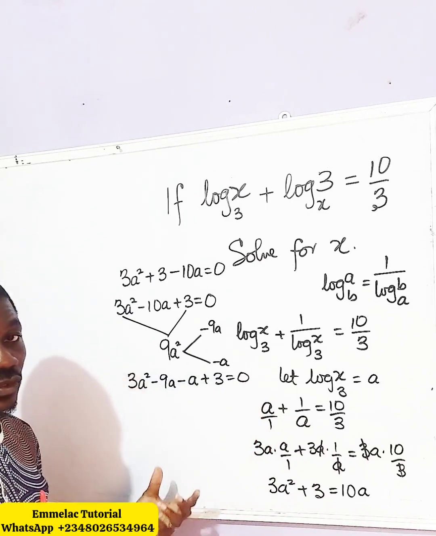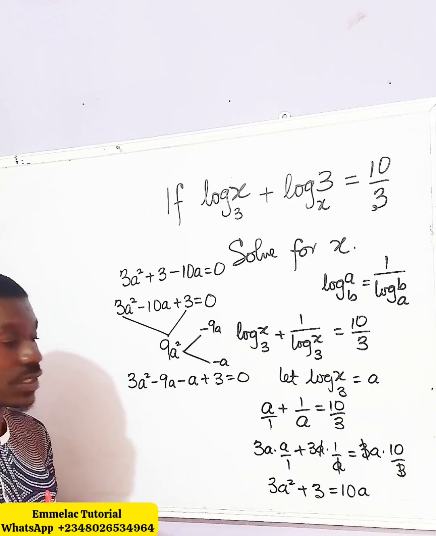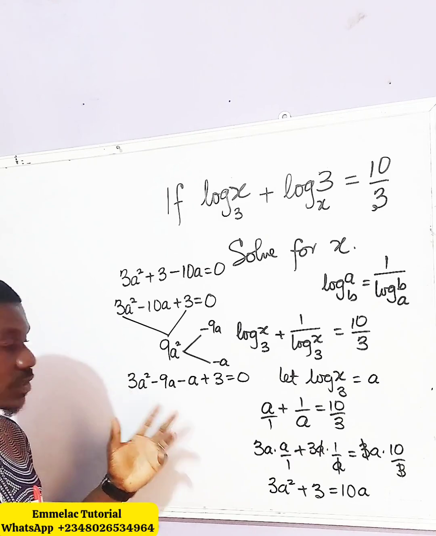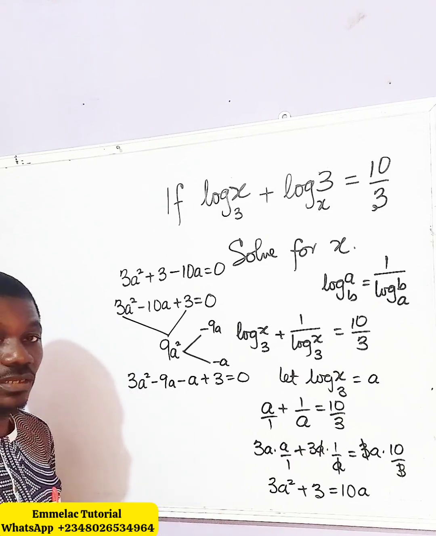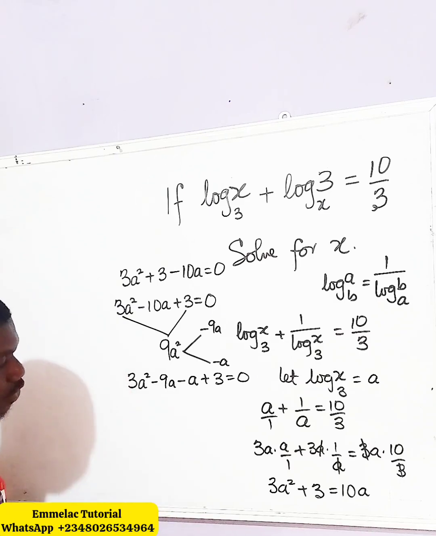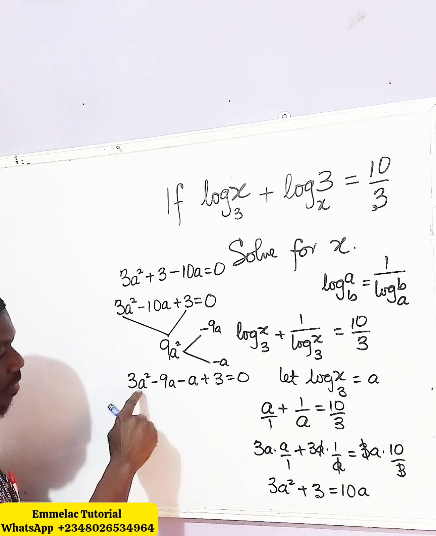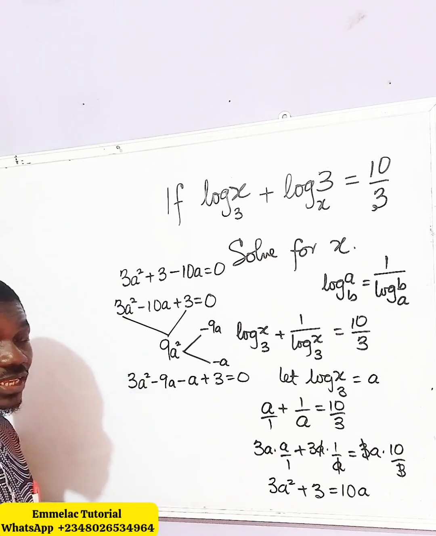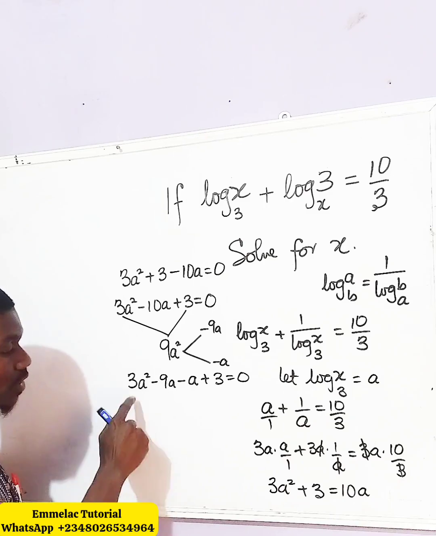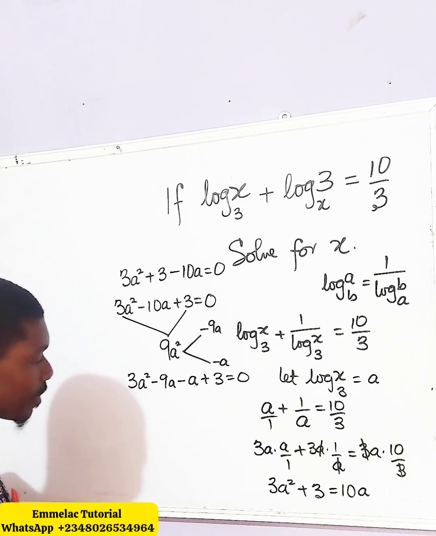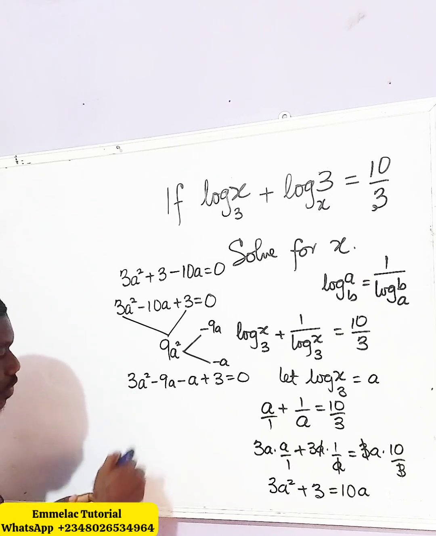Now the next thing is to factor out the necessary factors that will help us factorize the equation. Looking at 3a squared and 9a, what is the common factor between them? You will see it is 3a. Now factor out 3a from these two.